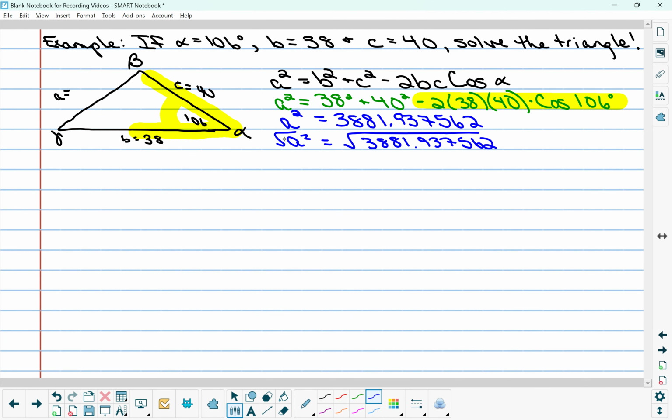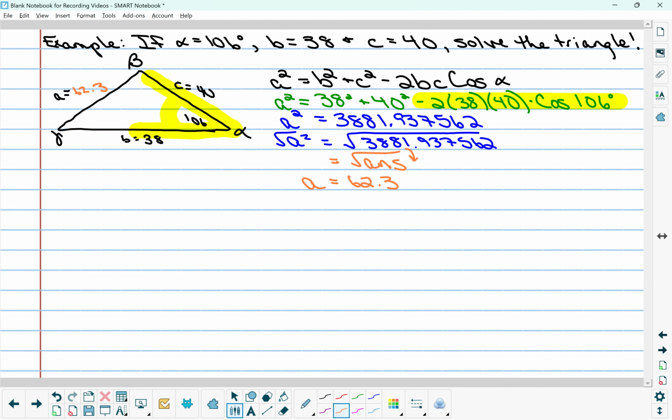Don't round until you get to an answer. Okay, so I would put into Desmos the square root of the answer, because then that'll use this whole number and plop it down in here for you. And you're going to get A is equal to 62.3.